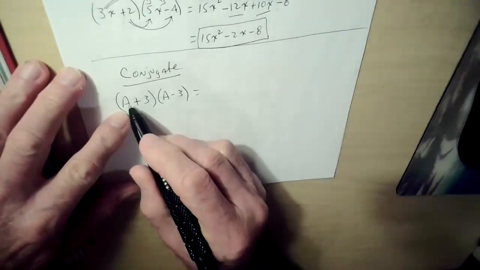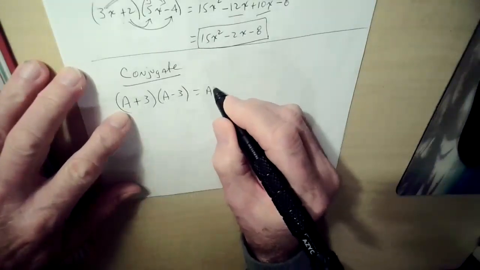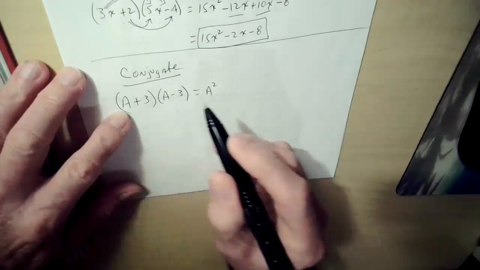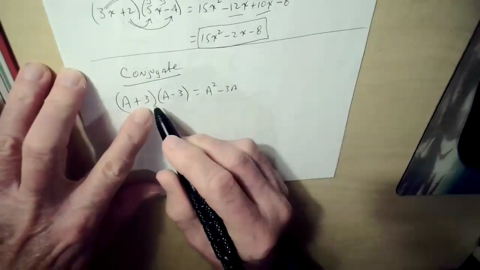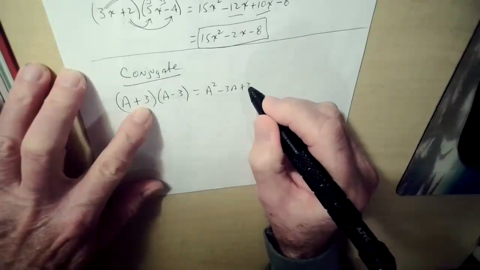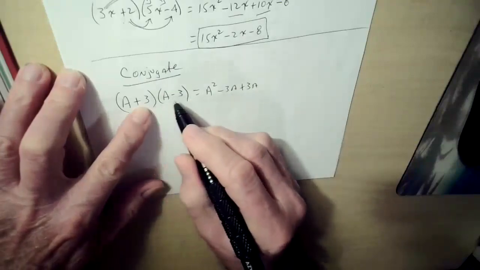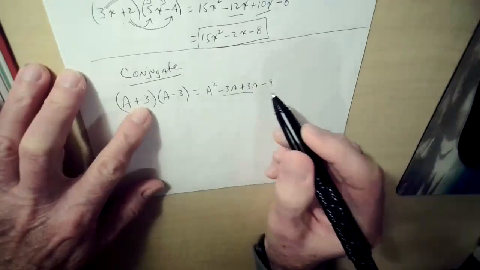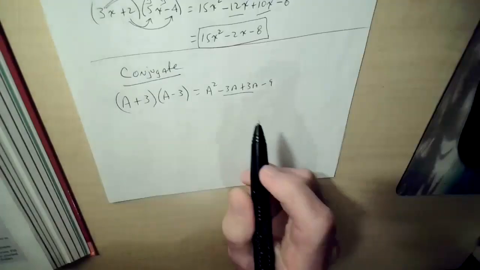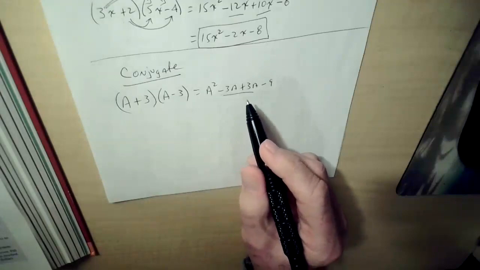So let's do order of operations. Distributive property: a times a is a squared, a times negative 3 is negative 3a. We do the 3. 3 times a is plus 3a. 3 times negative 3 is negative 9. Now, what do you know about this?